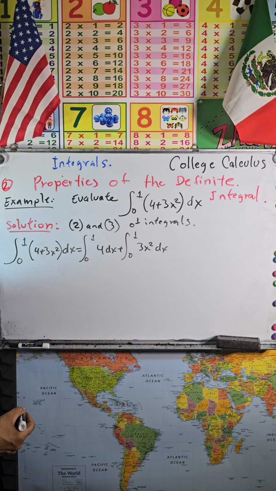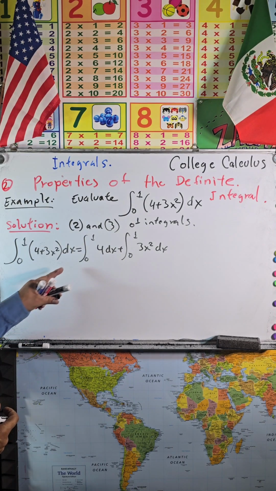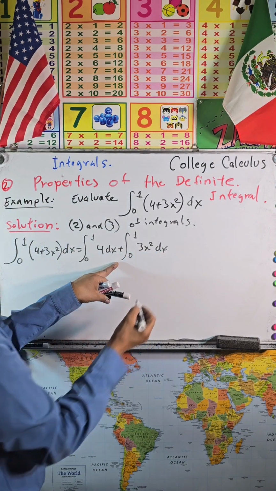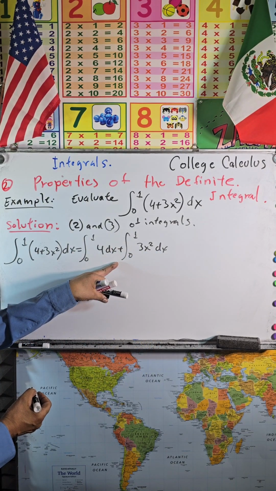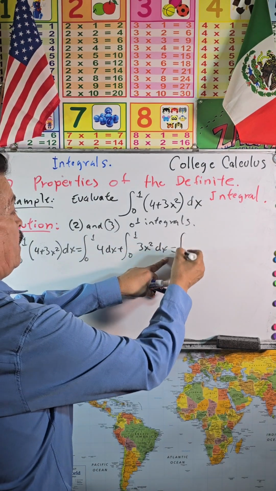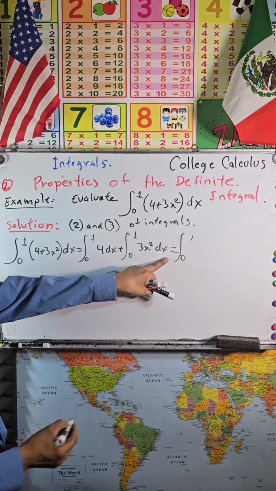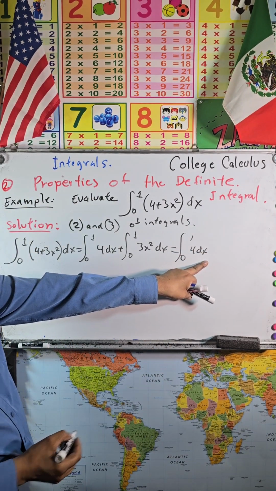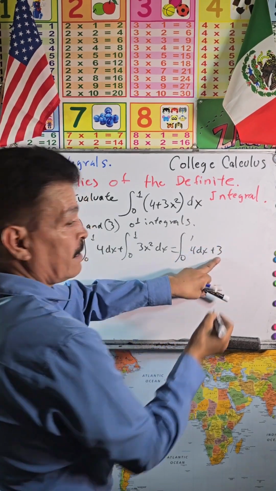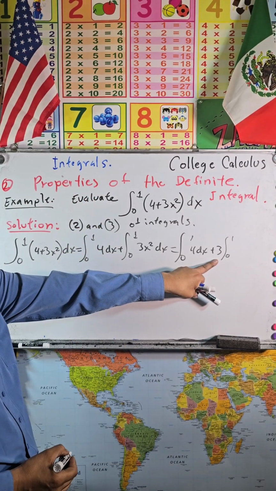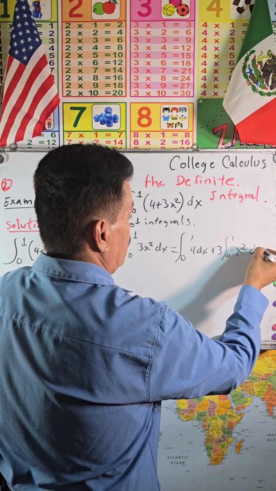And then this equals the integral from 0 to 1 of 4 differential x plus 3 times the integral from 0 to 1 of x to the second power differential x.